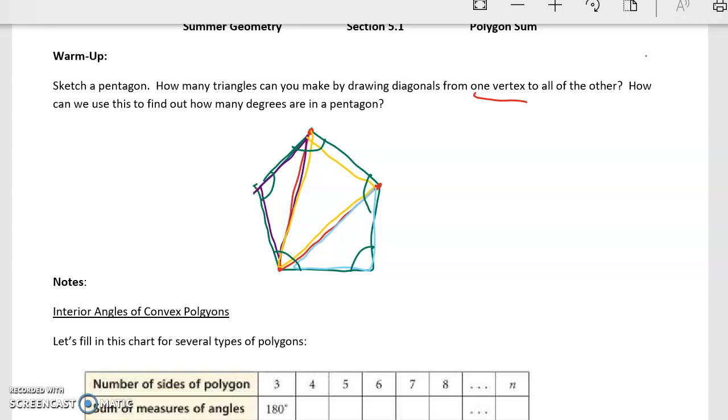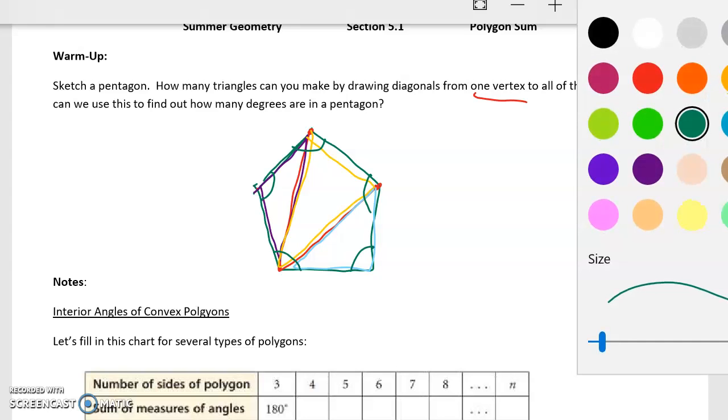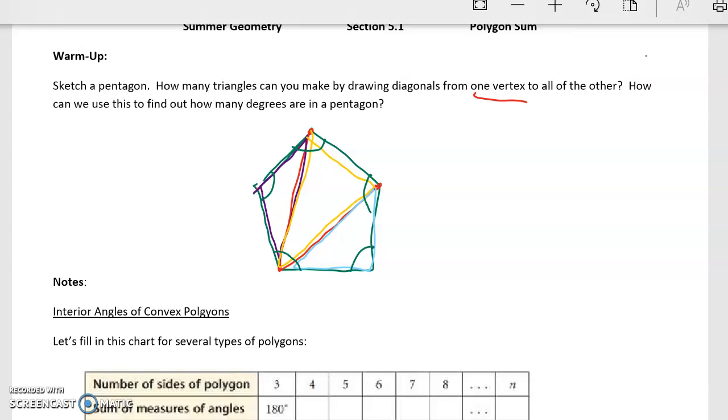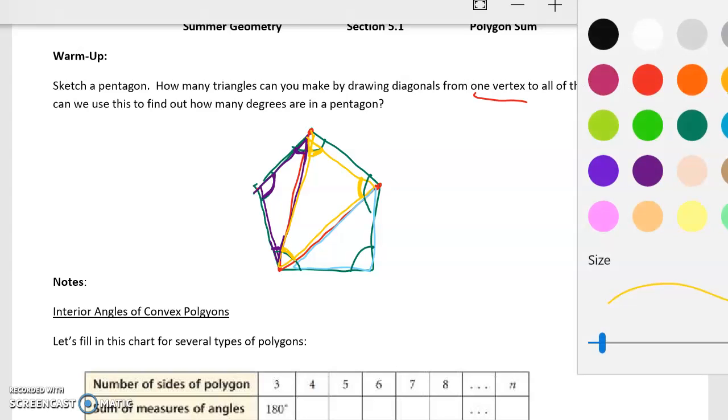Well, what we can actually do is break it down and look at the triangles. So for example, in this triangle, we have this angle here from here to here, and this angle here. And those equal 180. But then if we look at this triangle, we have this angle here, this angle here, and this angle here, and those equal 180.